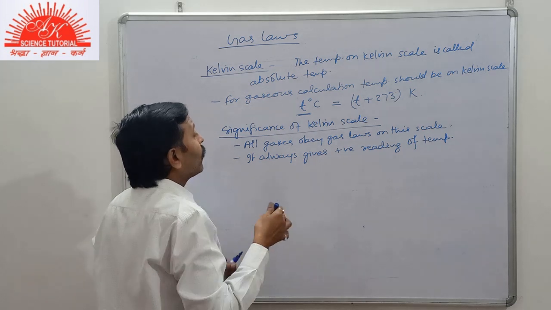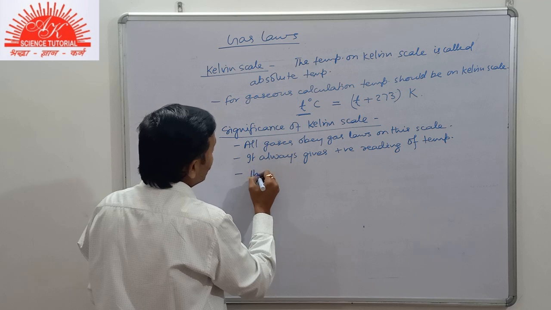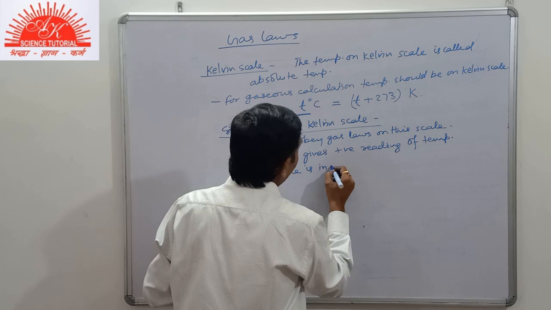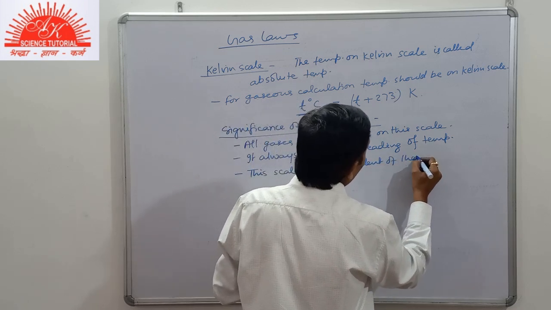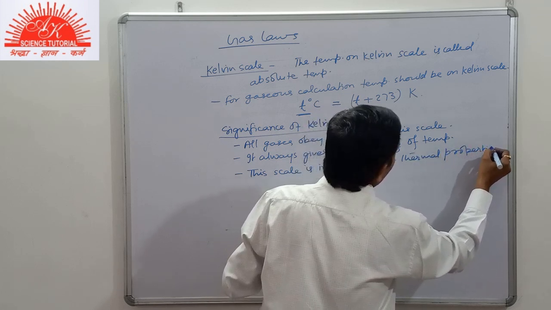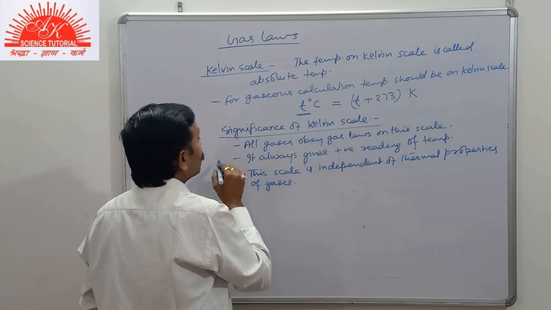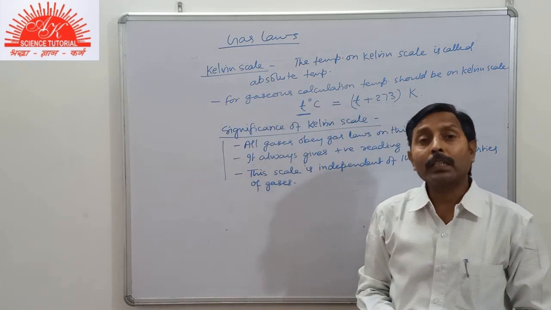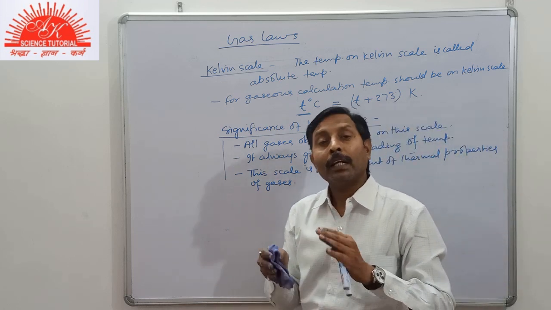And the third point for it is that this scale is independent of thermal properties of gases. So these are the three basic conditions due to which we always perform gaseous calculation on Kelvin scale.